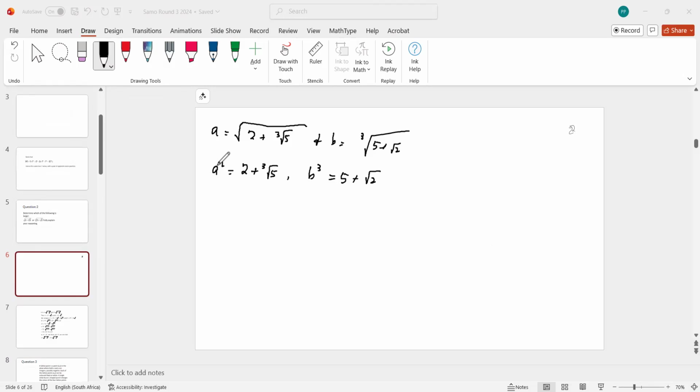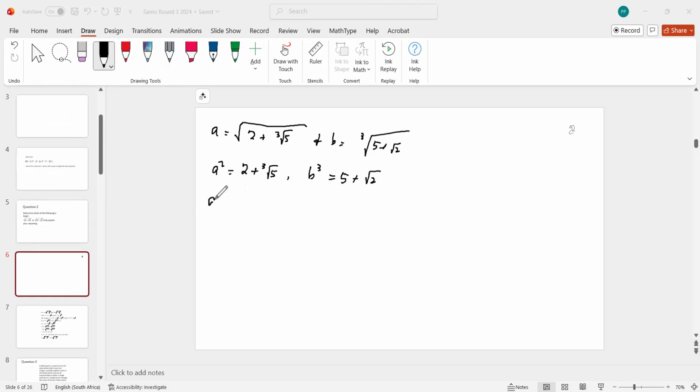Now both numbers have two different exponents, and to compare them, we should try to get the exponents to be the same. And that can be done. If you cube this, you get a to the sixth. And if you square this, you get b to the sixth.